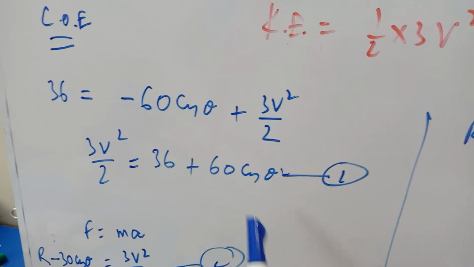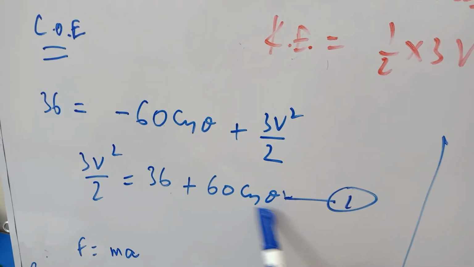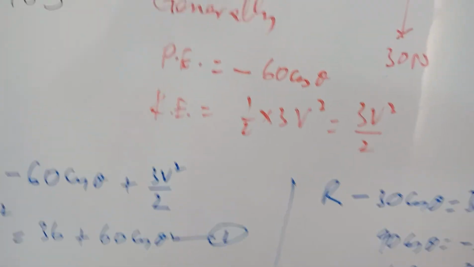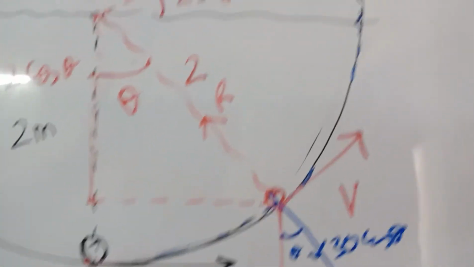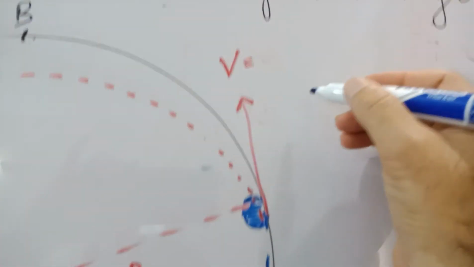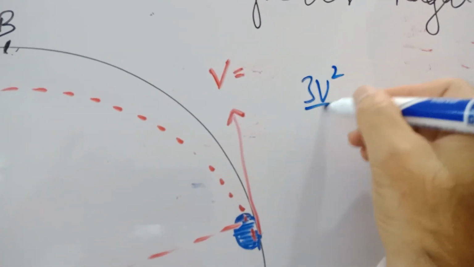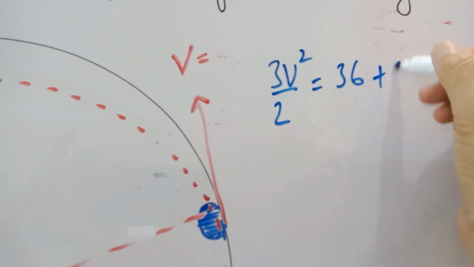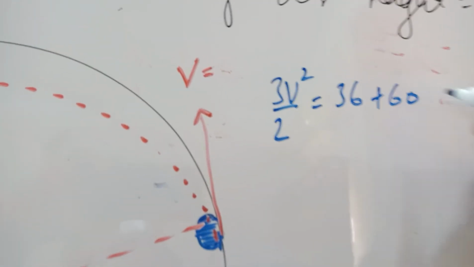I can put the value of cos theta into it, and I'll be able to find the speed the moment it loses contact. So let me write 3v square over 2 equal to 36 plus 60 cos theta. Instead of cos theta, I should write minus 2 over 5.